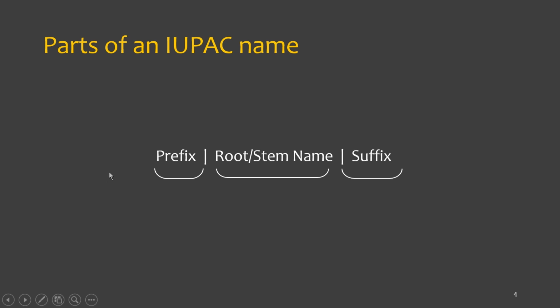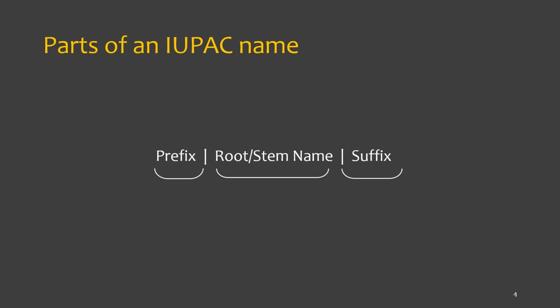So what are the parts of an IUPAC name? There are 3 main parts of an IUPAC name. You have a prefix, which means it comes first. It could be a substituent. Usually it's an alkyl substituent, either a methyl group, propyl group, or butyl group. And then the root or stem name. Root or stem name means the number of carbon atoms apart from the substituent.